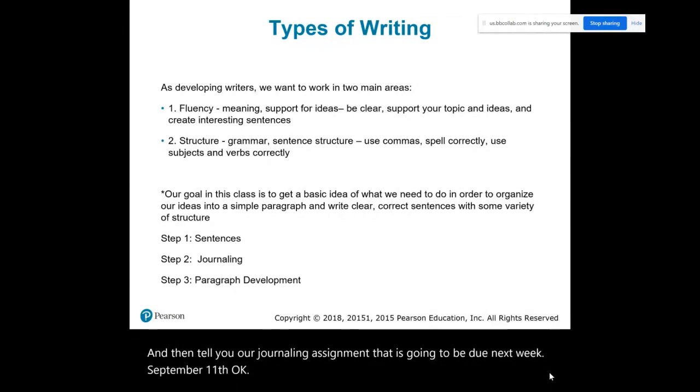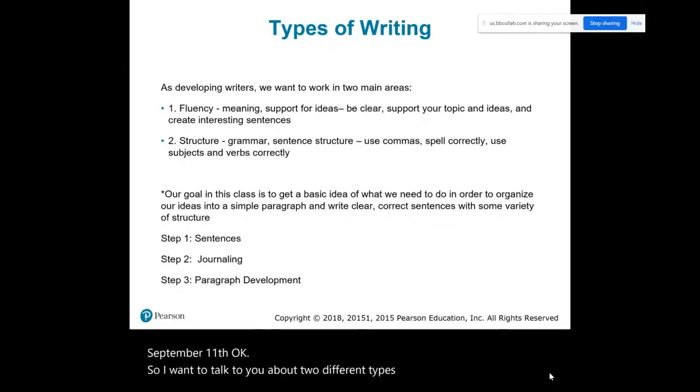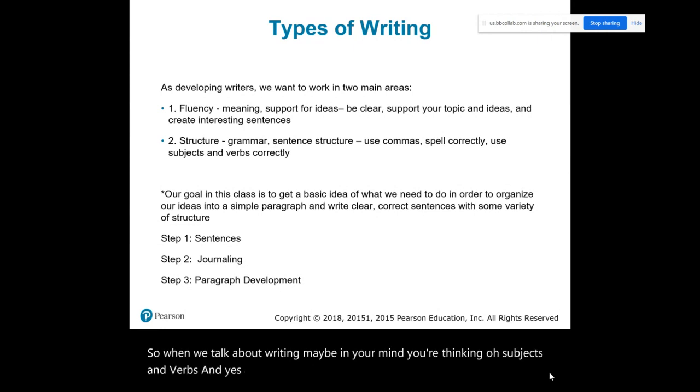So I want to talk to you about two different types of writing. When we talk about writing, maybe in your mind you're thinking, oh, subjects and verbs. And yes, that's true. We do need to know about subjects and verbs as we're writing.